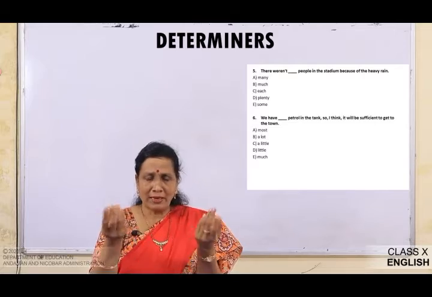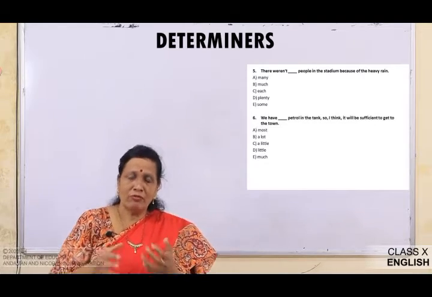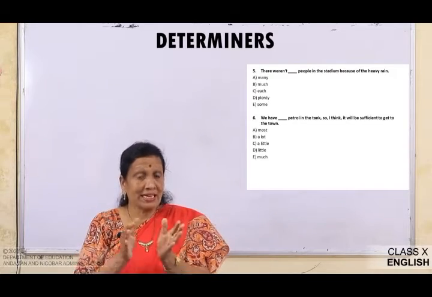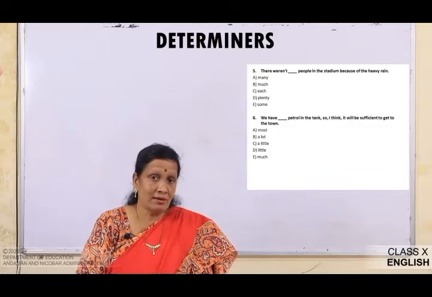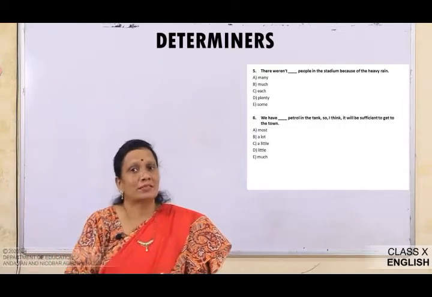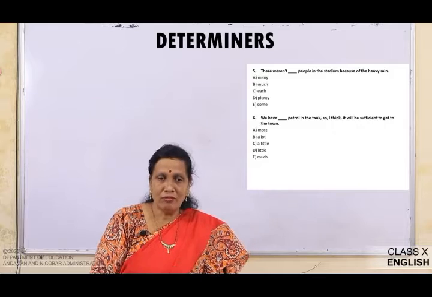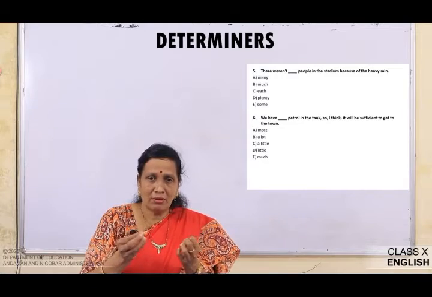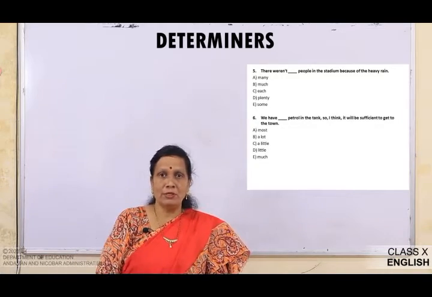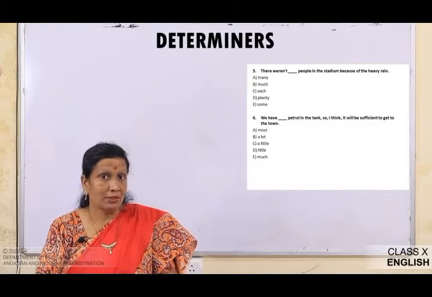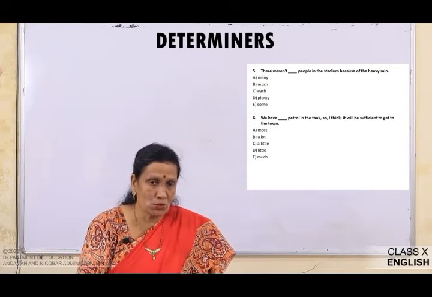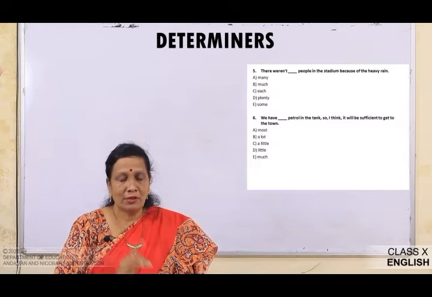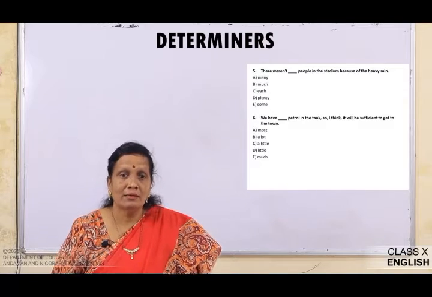Little means, we had learned, that that can be seen, or if we talk about few means we can count, and a little means at least something, some petrol is there and we can manage till we reach the town. So, we have a little petrol. Little means there is a doubt whether you would be able to reach the town or not. A little means okay, at least there is some petrol in the tank and you can reach the town. So, you need to understand the uses of determiners as we had discussed.